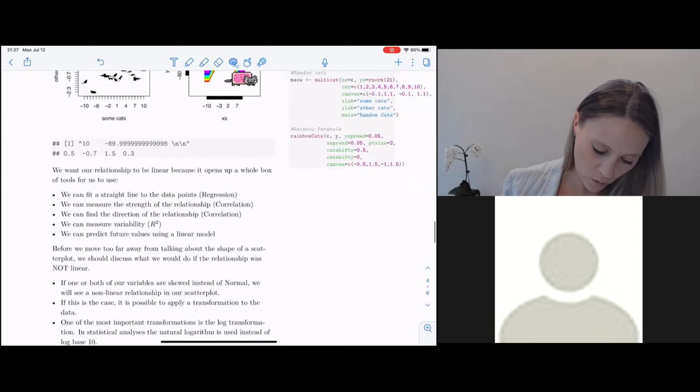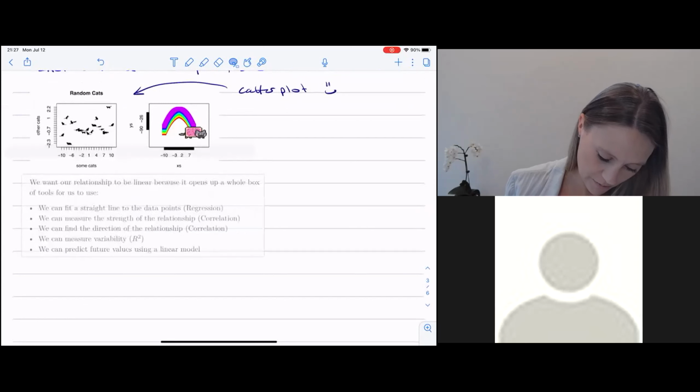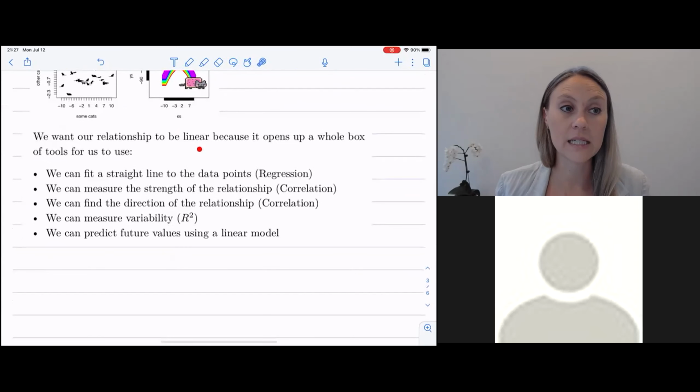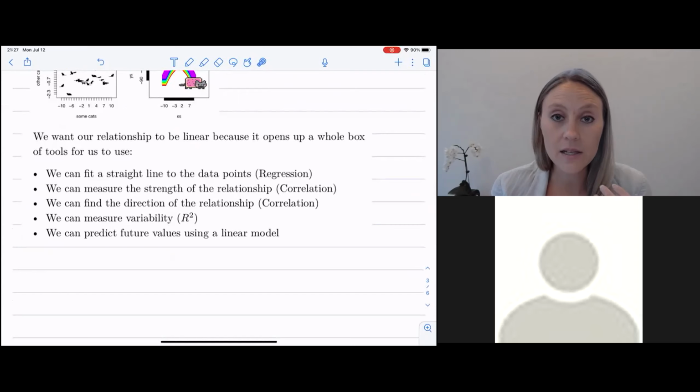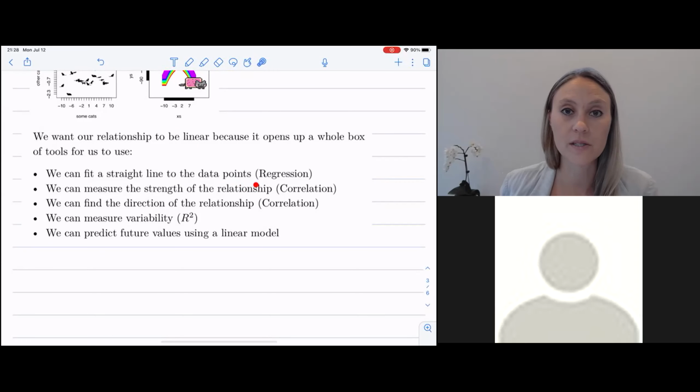Let's talk about why we want to have a linear relationship first. We want our relationship to be linear because it opens up a lot of calculations and analyses that we can do. For example, we can fit a straight line to the data points, and that's what we call a regression.